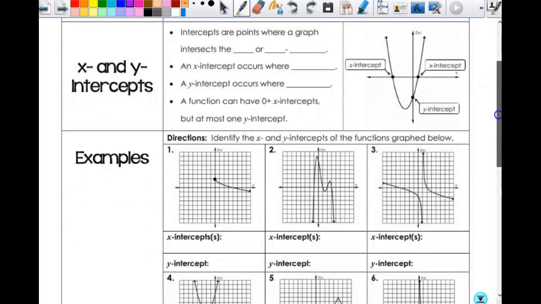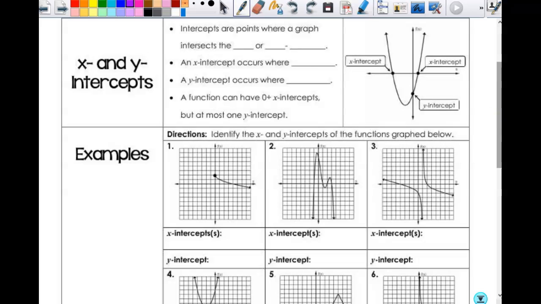Again, you should totally know this. Intercepts are points where a graph intersects the x or y axis, right? We've known that forever. An x-intercept occurs where y equals 0, and a y-intercept occurs where x equals 0, okay?